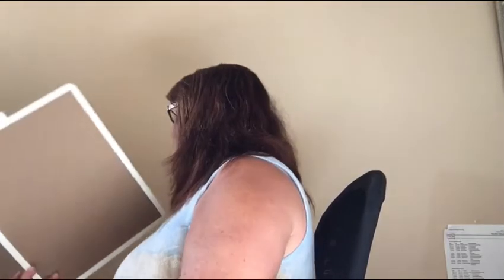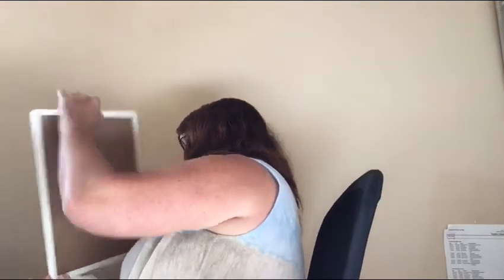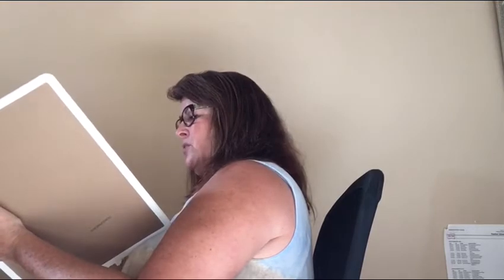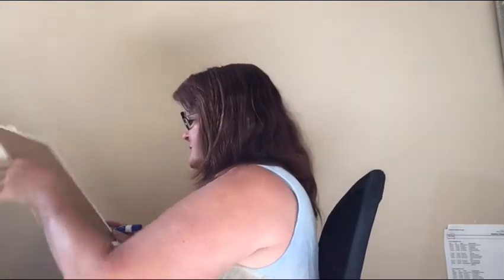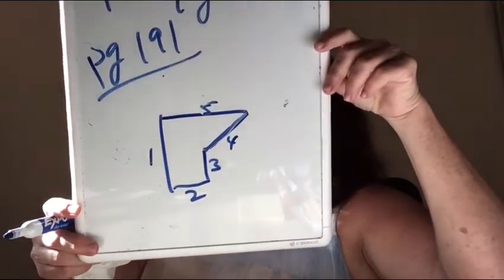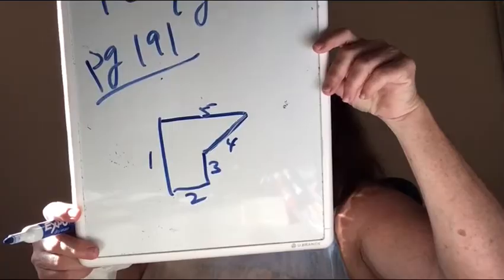Name and describe this polygon. On the box on the top of the page, it looks like this. 1, 2, 3, 4. I see 5 sides. Does everyone see 5 sides? I see 1, 2, 3, 4, 5. A 5-sided polygon is called a what?